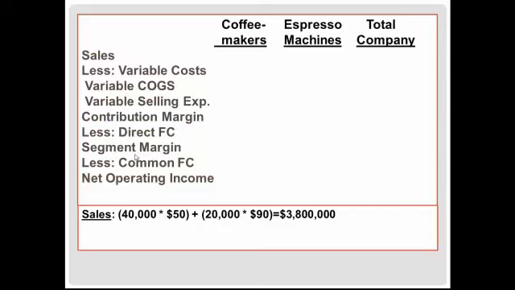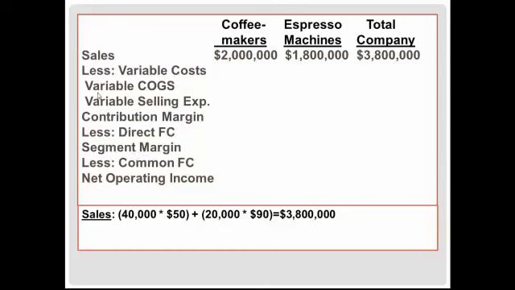Coffee makers 40,000 units times $50, that's 2 million. Espresso machines 20,000 units at $90, that's 1.8 million. So total company sales are $3,800,000.